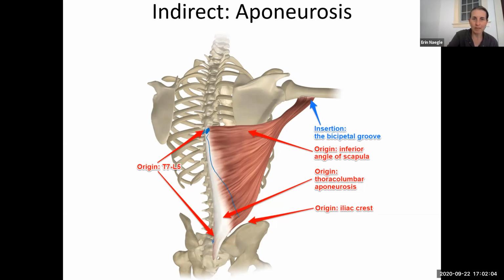But it makes this white, kind of just like a sheet of connective tissue, an aponeurosis. So places where there's a really long place where the muscle attaches to the body, we tend to see these aponeuroses versus one little small spot, which tends to be tendons or perhaps a direct attachment.